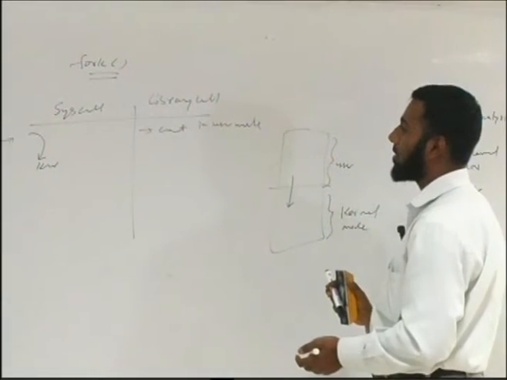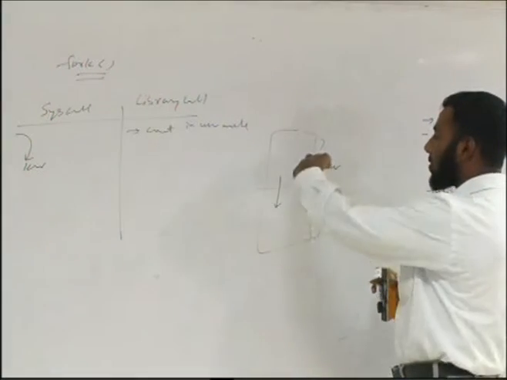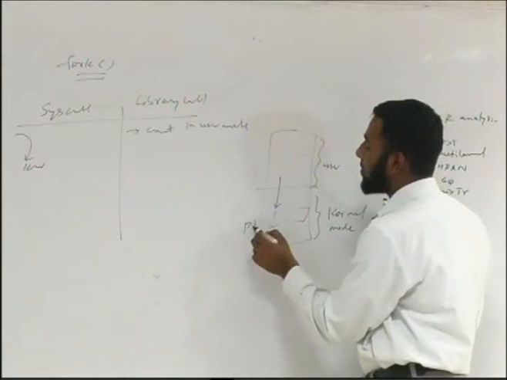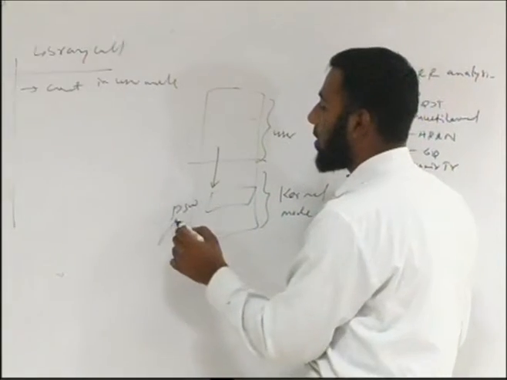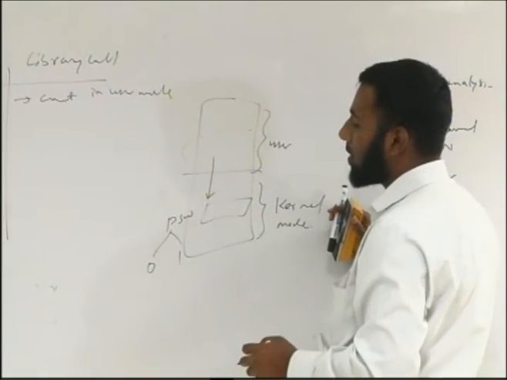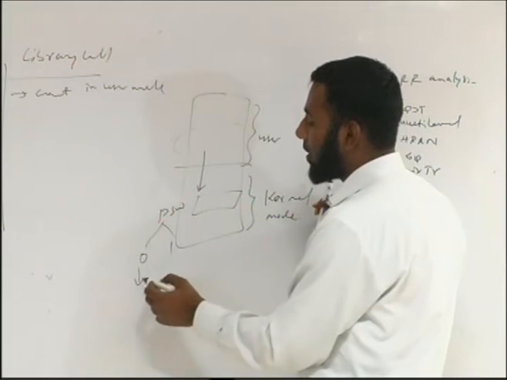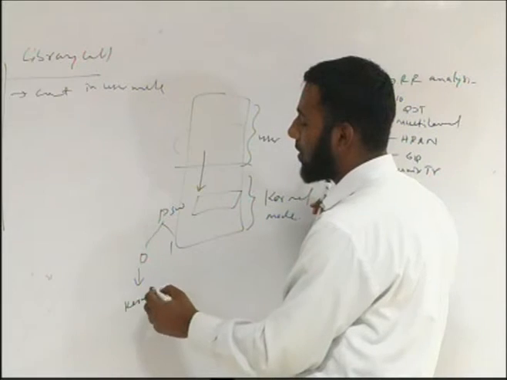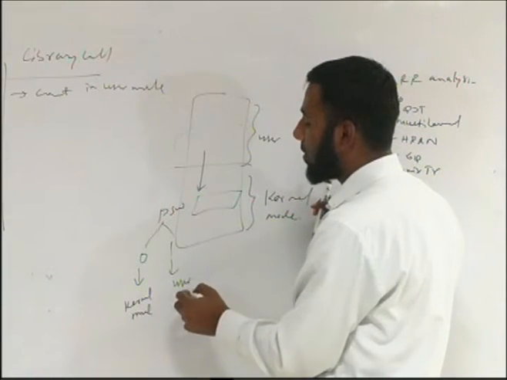and thereby the user gets the service from the operating system. Now, whenever control moves from user mode to kernel mode, there is one register called PSW, the program status word. The value of this program status word can be 0 or 1. One value means it's in kernel mode and the other means it's in user mode.